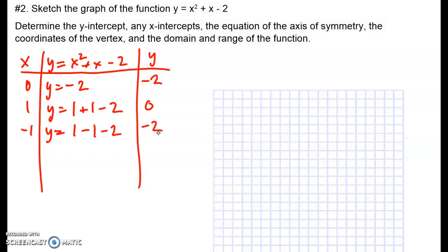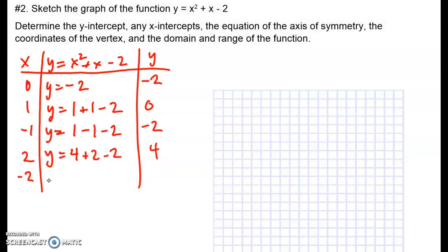And let's do one higher. Does our graph reach to 10? I think so. Let's just go with a 2. So 2 squared would be 4, plus 2 minus 2 gives us a 4.